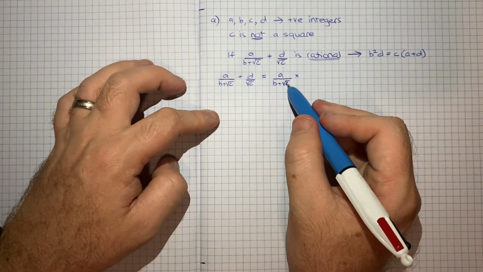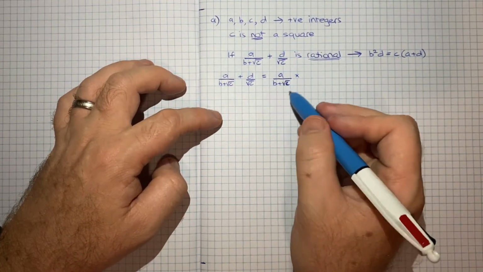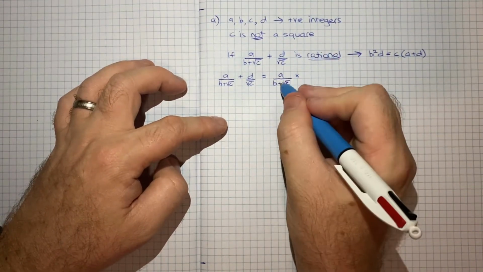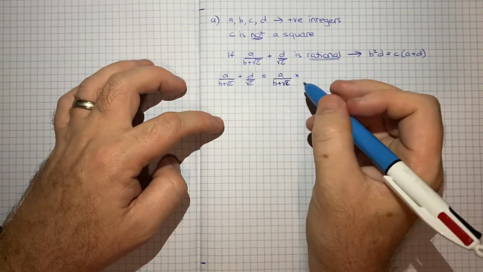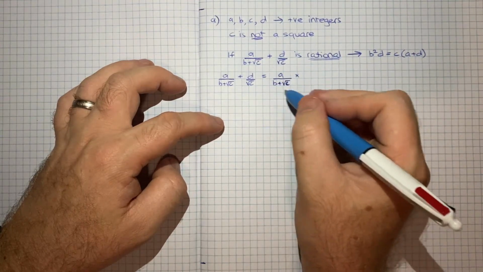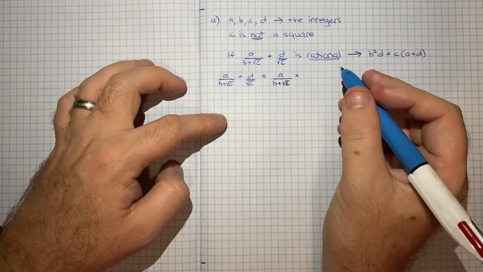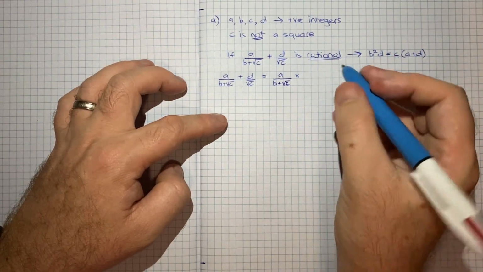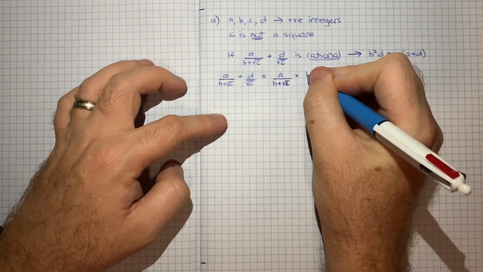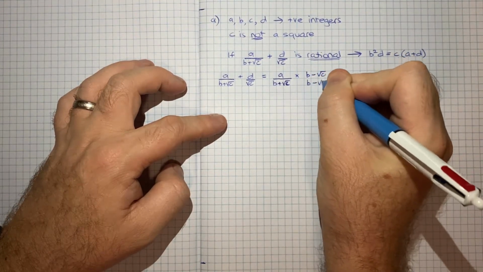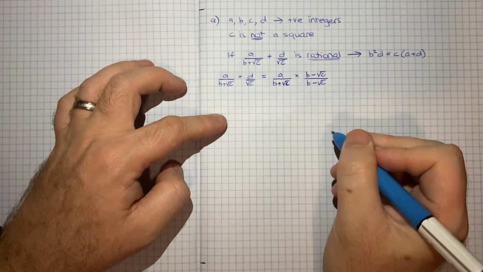A classic way of getting rid of surds in denominators is multiplying top and bottom by the surd. In this case, multiplying by the conjugate will help us because we'll get a difference of two squares. So I'm going to multiply by b minus root c on b minus root c.